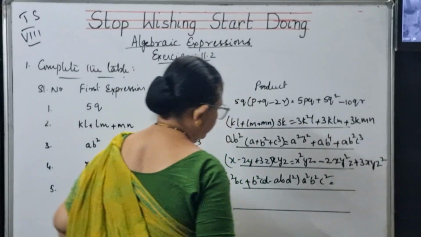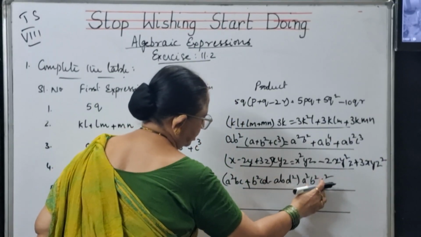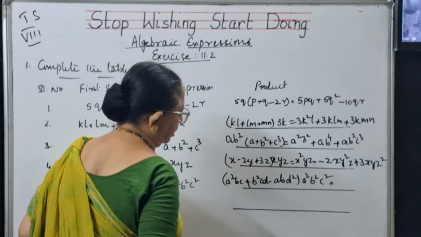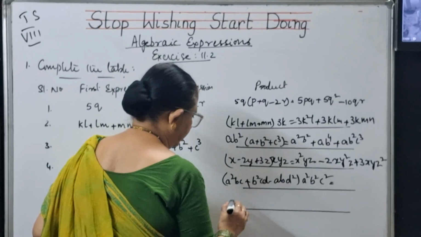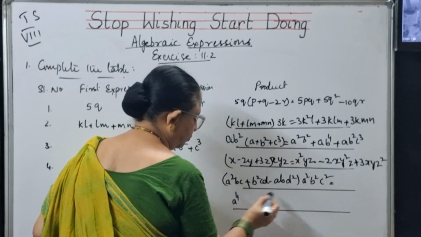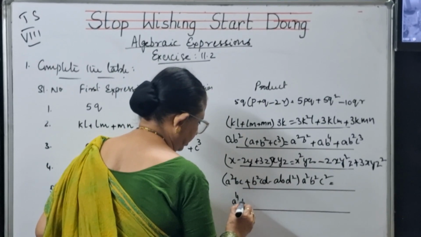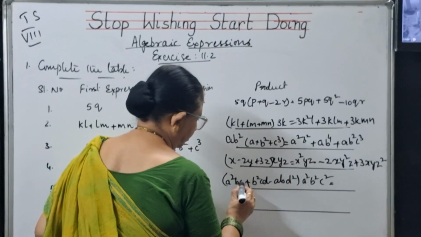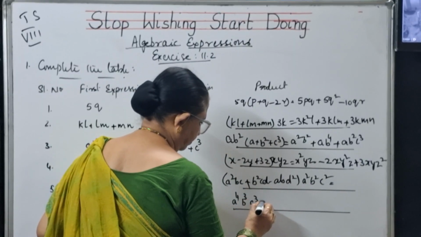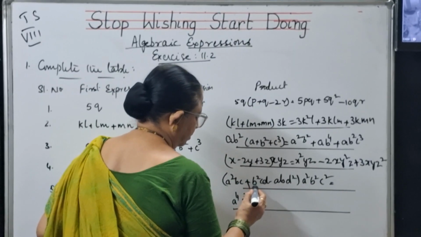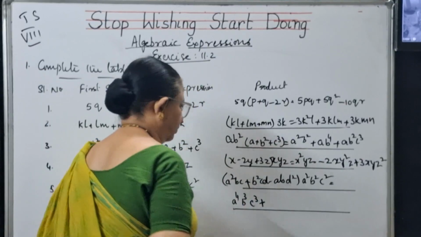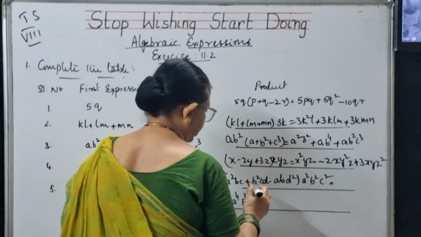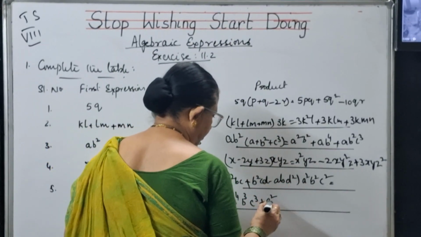This is equal to, see children, with a square b square c square, first I should multiply a square bc. A square into a square is a to the power of 4, b square into b is b cube, c square into c is c cube. Plus b square cd. So a square, there is nothing, so a square as it is we write.